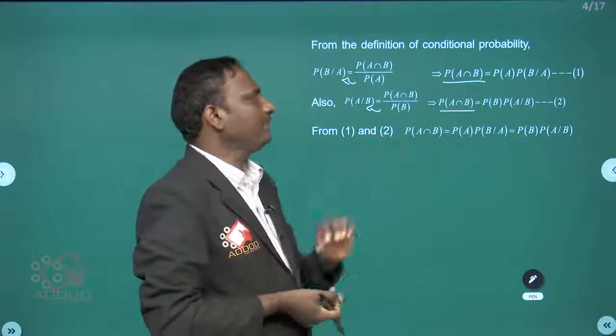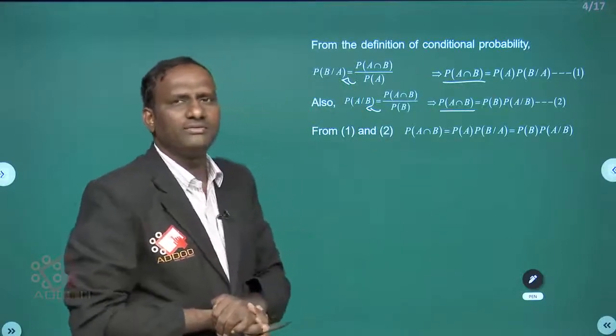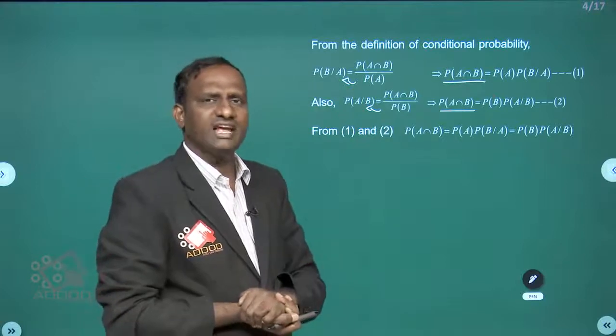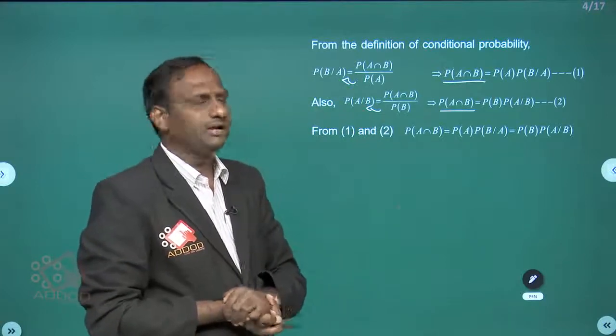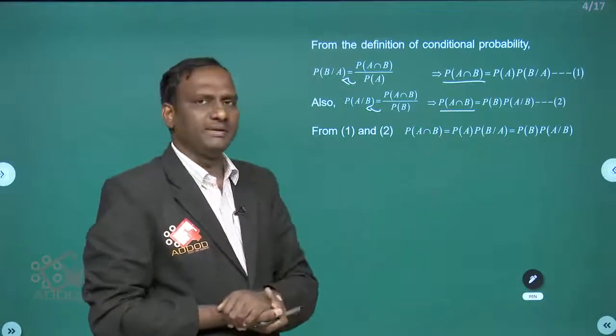So equate them: P of A intersection B is equal to P of A into P of B given A, which is equal to P of B into P of A given B.